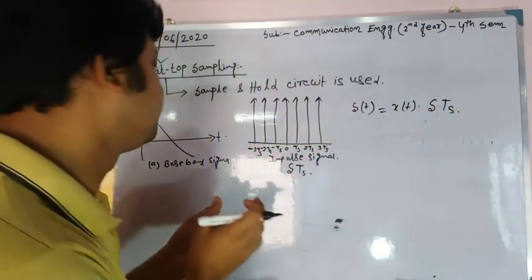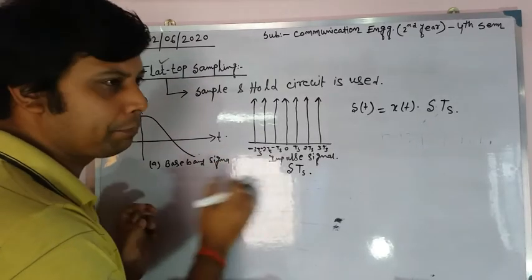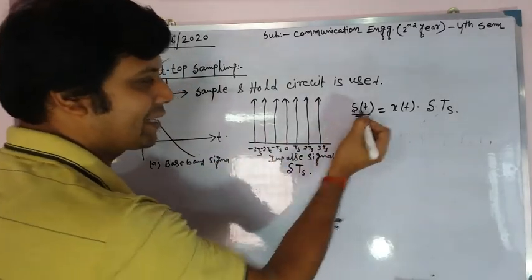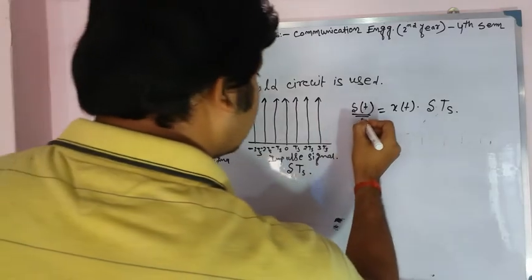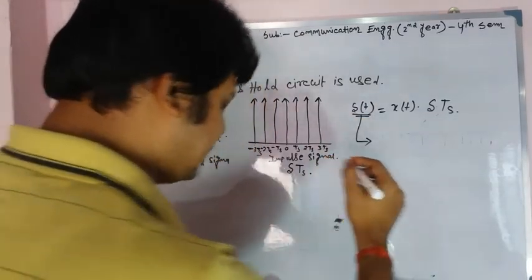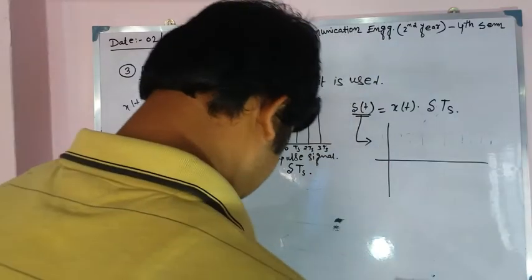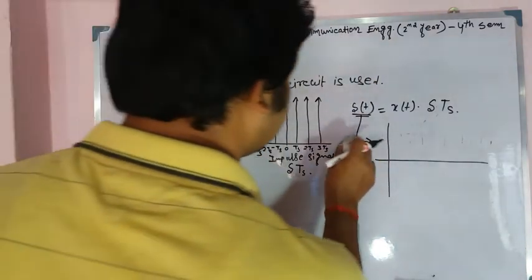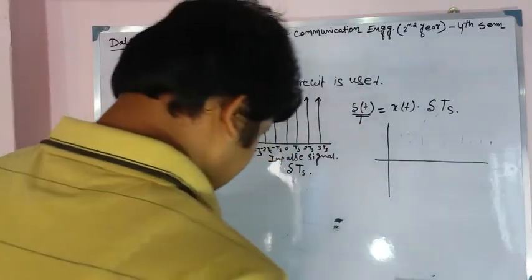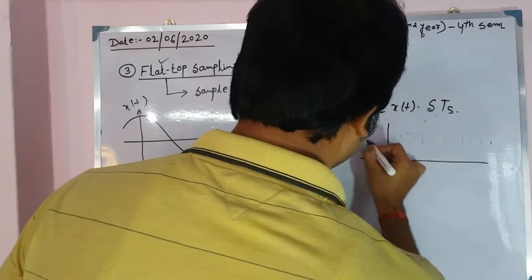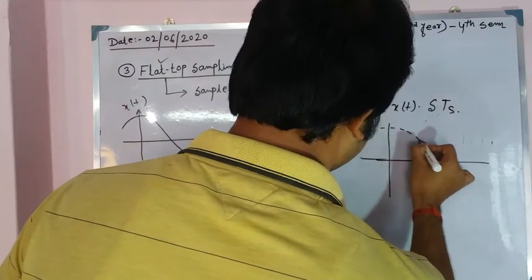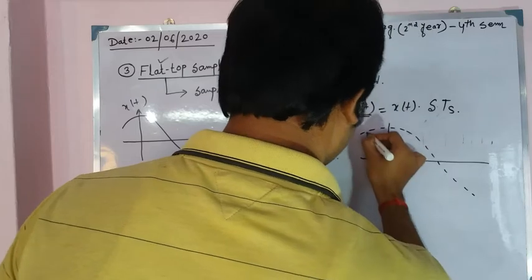If these two signals are multiplied and generate s(t), the signal waveform of s(t) is this type.